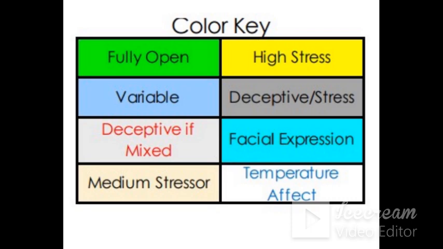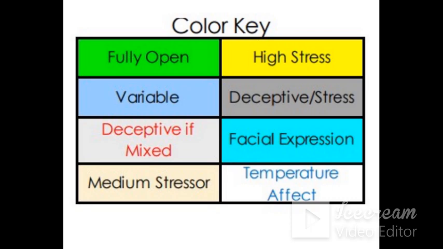Also, keep in mind, as we can see here on the color key, that it's high stress. And if you recall, looking at the bottom of the chart, and I'm going to have that highlighted later, is that the DRS rating is 3.5.